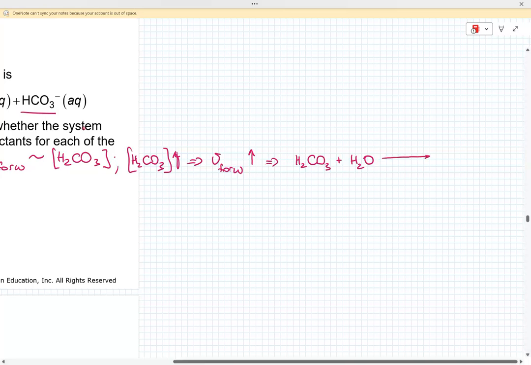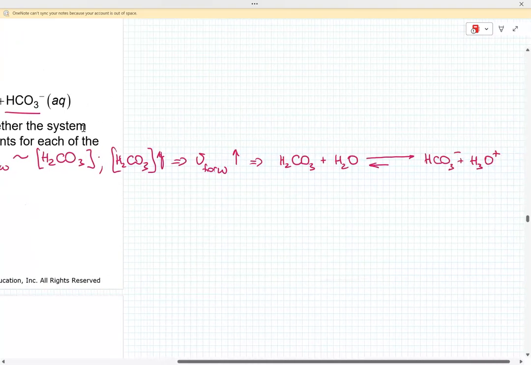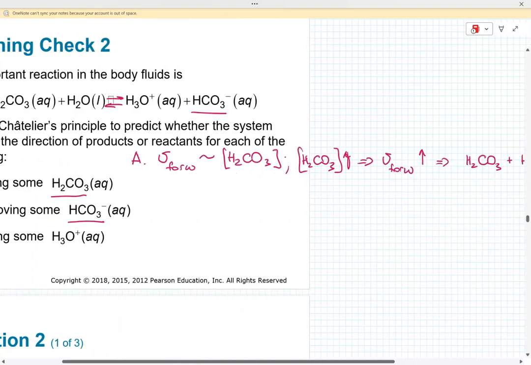The rate of forward reaction is more than the rate of the reverse. Clear? Explained? Good? Everyone? Awesome. So this is why there is a shift towards products.